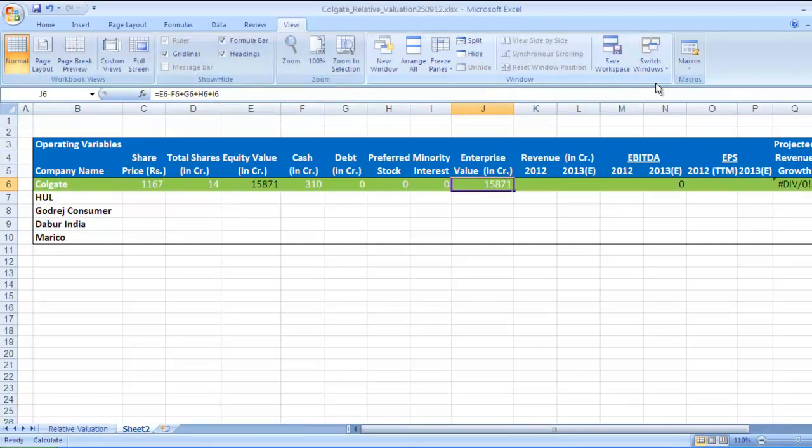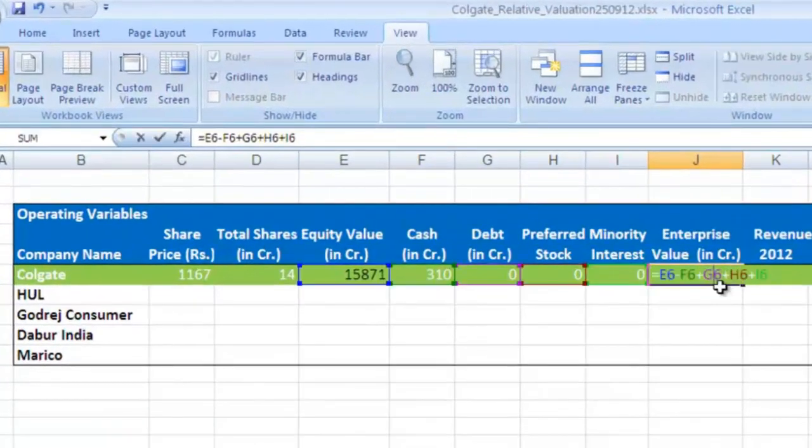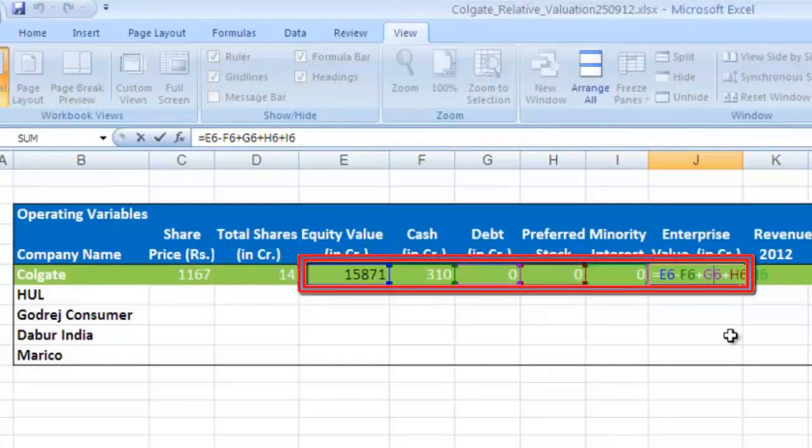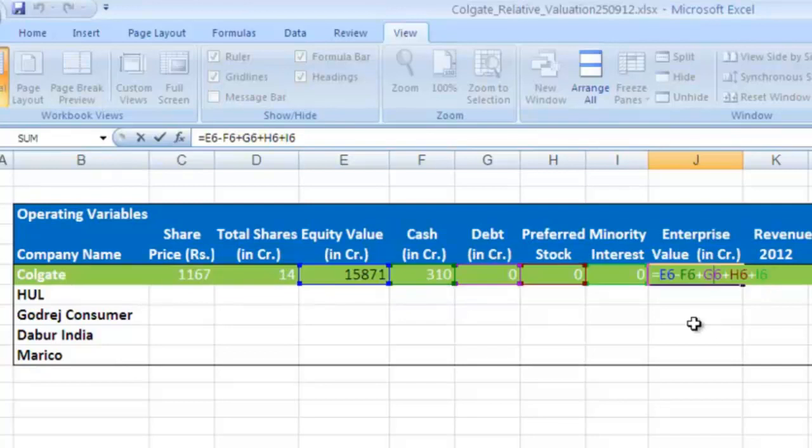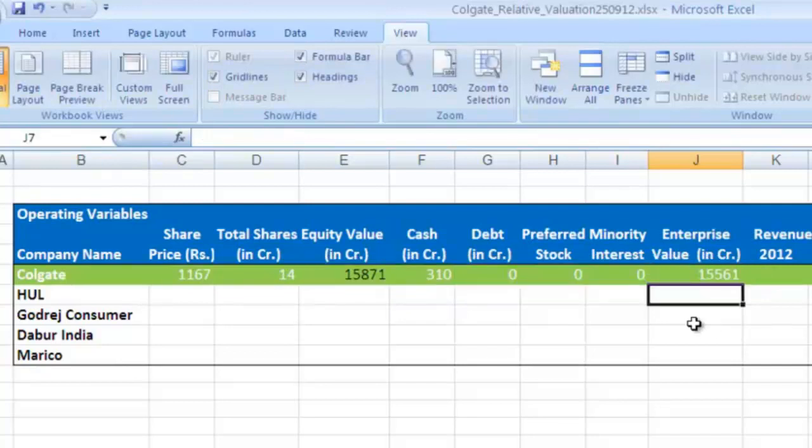Now we will get enterprise value. Enterprise value is nothing but equity value minus cash plus debt plus preferred stock plus minority interest. So in this case the total enterprise value would be 15,561 crores.